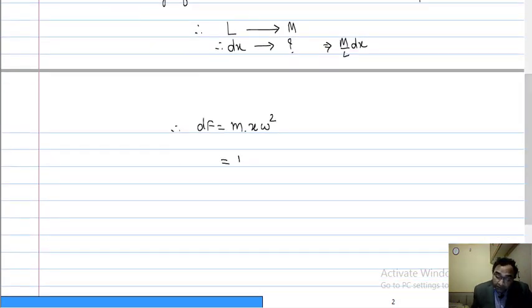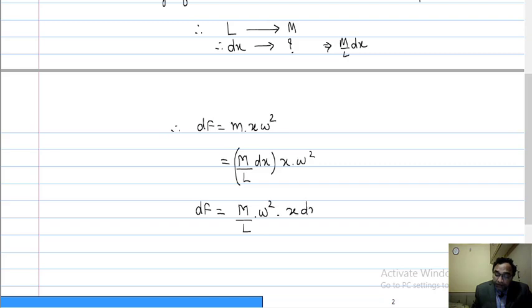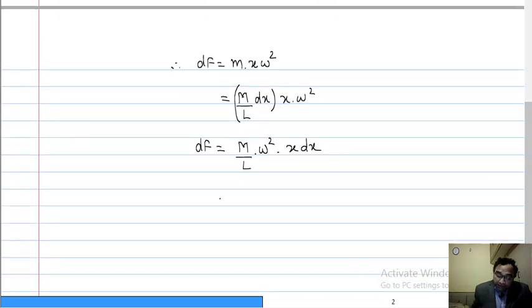The mass of the element is m by L into dx, so writing it in the proper form, dF is equal to m by L, omega square, x dx.